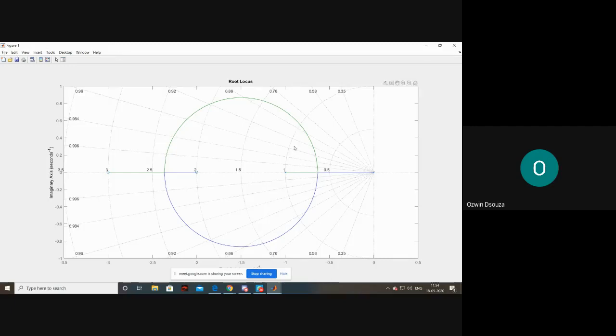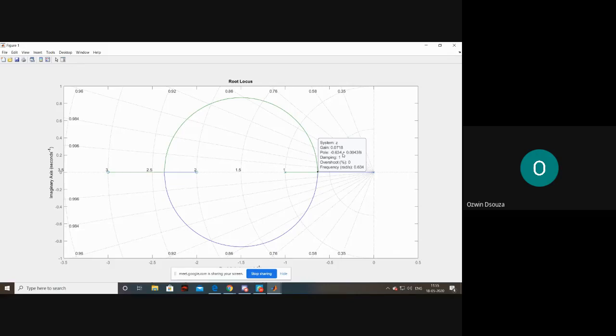Okay, just roughly I have placed the pole value, you can see. The pole value is on the real axis, -0.634.